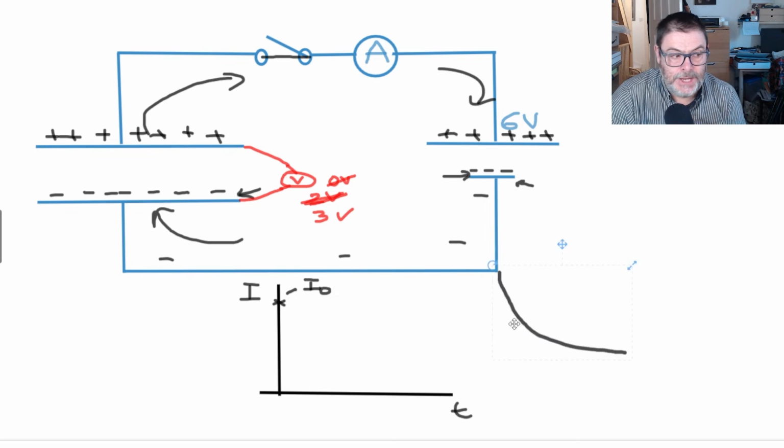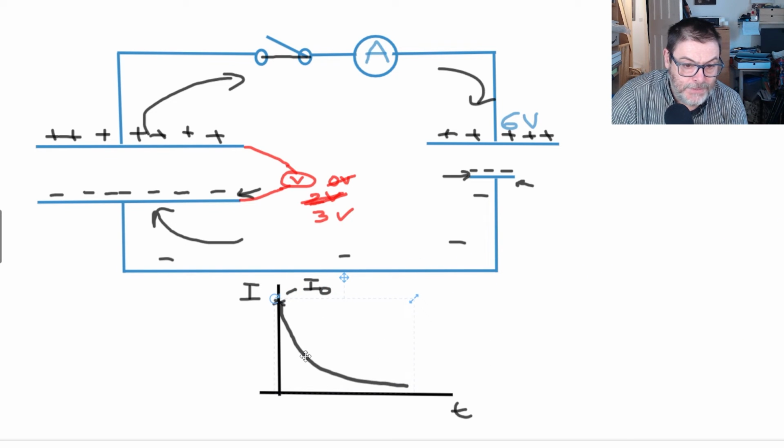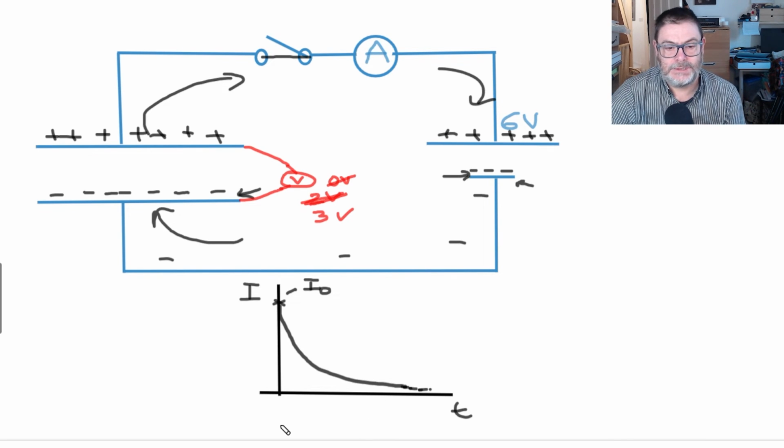So what happens then is that the current falls off from its maximum value of I0 rapidly at first, see the big gradient, less rapidly as time goes on, and approaches 0. It never of course gets there, but it approaches it. So we say it's asymptotic, or it's an asymptote, that lovely word from your maths classes.